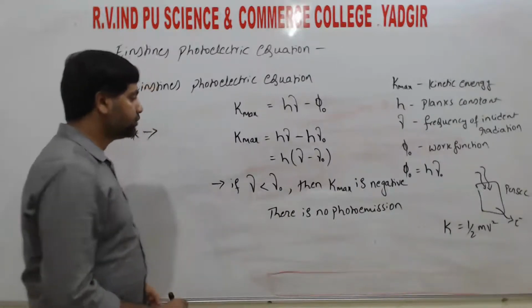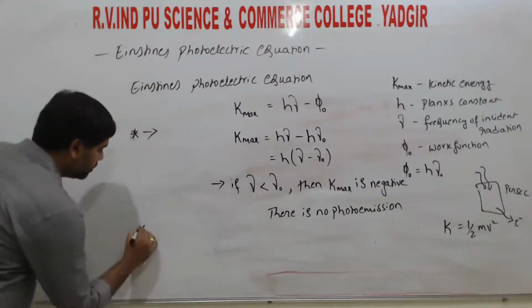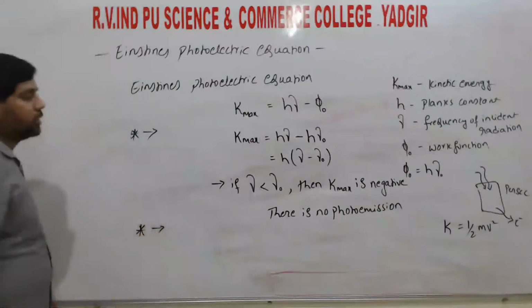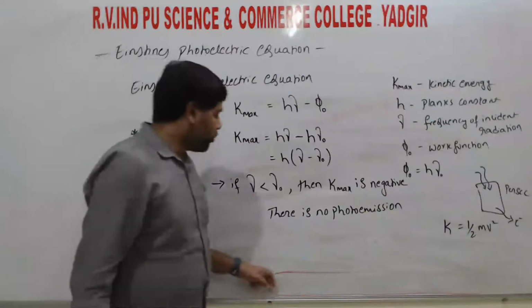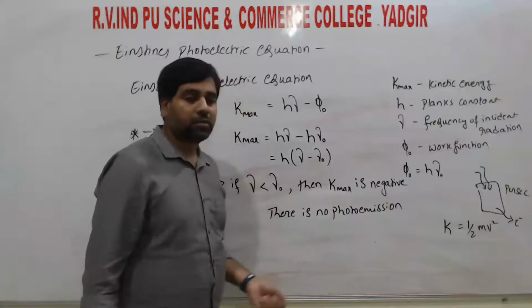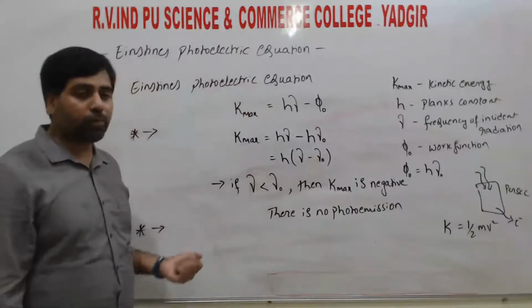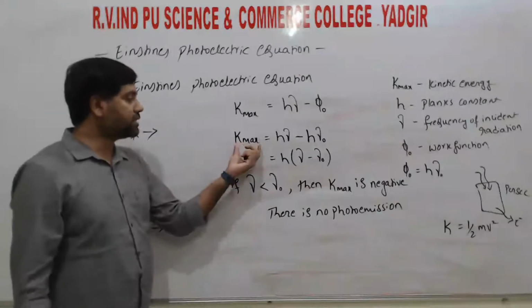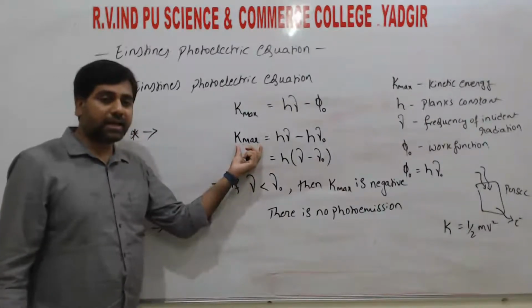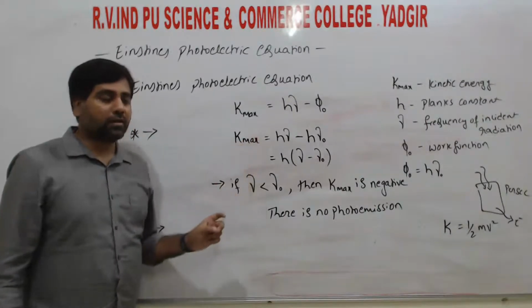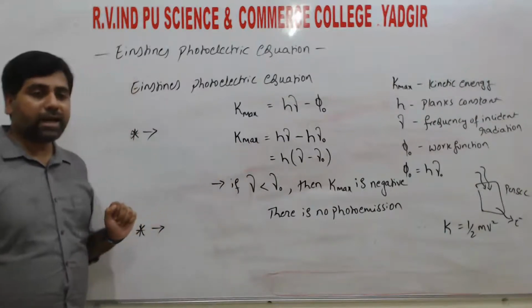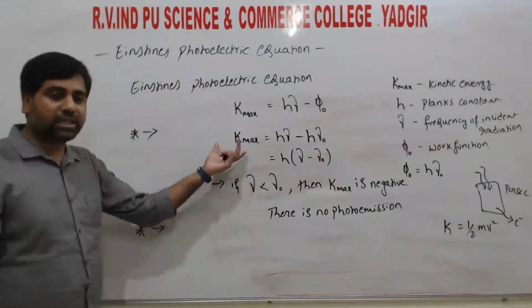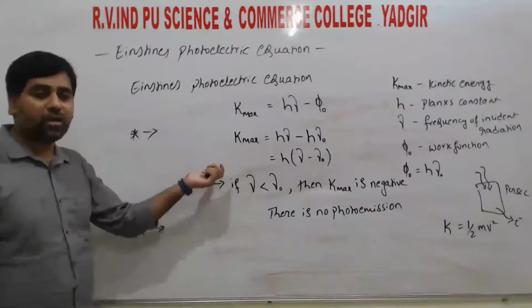So next, in terms of potential, that is stopping potential or retarding potential. In the experimental study, we studied that the kinetic energy is equal to the work done. From the work energy theorem, change in kinetic energy is equal to the work done.